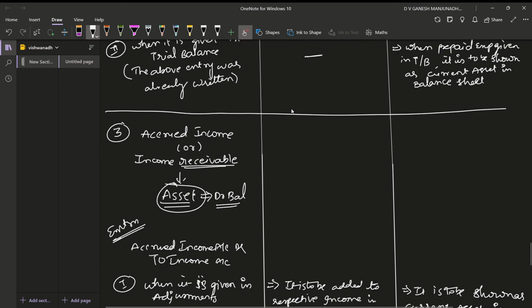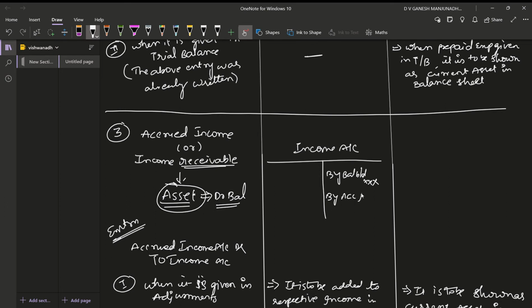First of all, let us take that income as interest, or we shall take the income account directly. Let us say that this is an income account. The income account will have a credit balance, that is balance brought down, and when the income is accrued, that means we have to add the income, we have to credit the income again by accrued income.